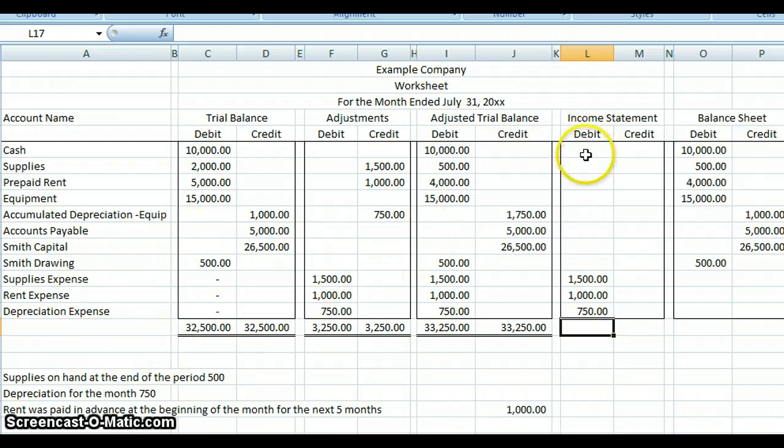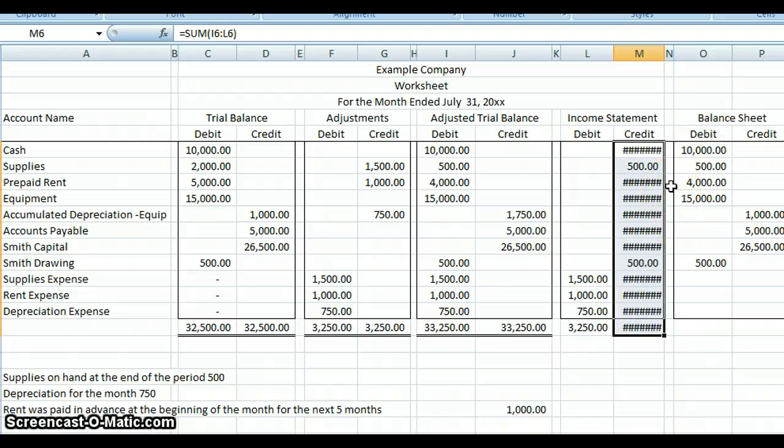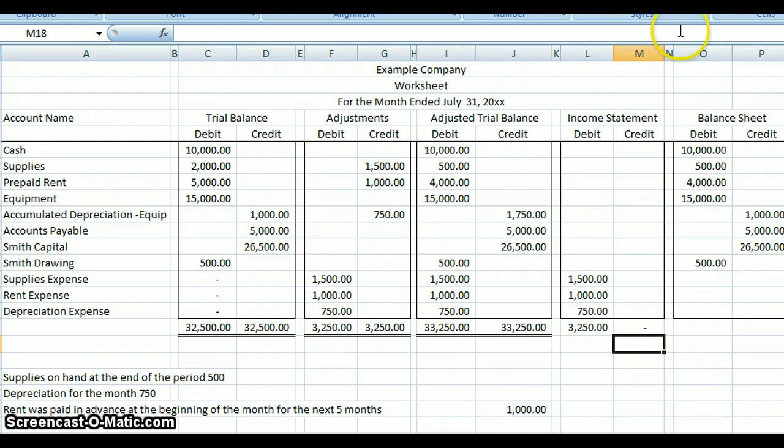Now what we'll do is we'll sum these columns as we did in the other ones. So let me sum them all up. Oops. No, the Excel is acting funny. I'll just put a 0 there so it doesn't get confused. Sum that column down and sum this column down.